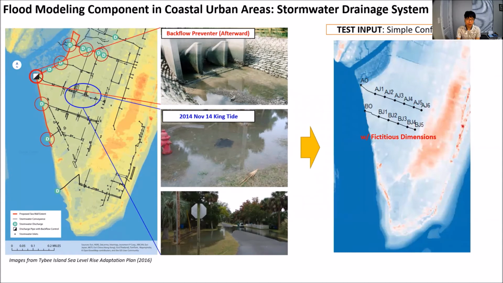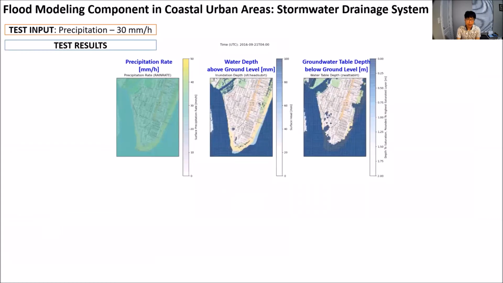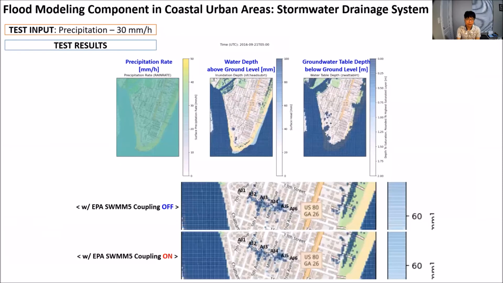We were numerically testing it with this simple configuration with fictitious dimensions to check our coupling functions. First, we put constant but high prolonged precipitation of 30 millimeters per hour. The animation here shows the process of how the precipitation induces inundations in the low-lying areas.